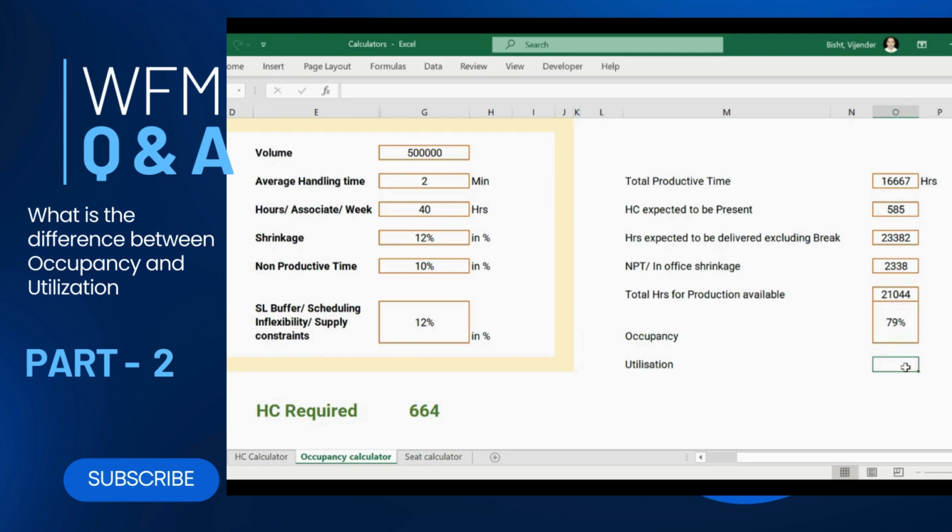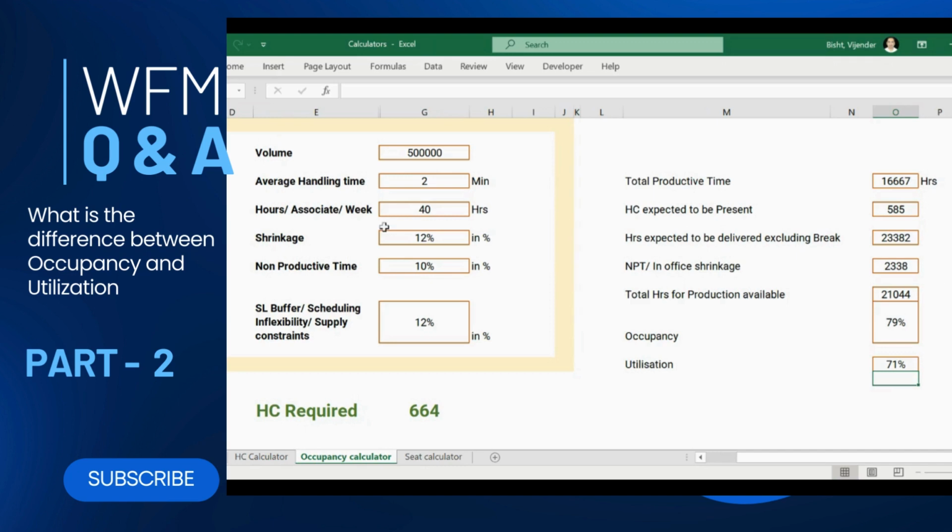And what will be my utilization? As we discussed in the previous video, we look at how much productive time I had from the total time, so 23,382. So I will have an occupancy of 79% and a utilization of 71%. This is the way we usually calculate occupancy and utilization.